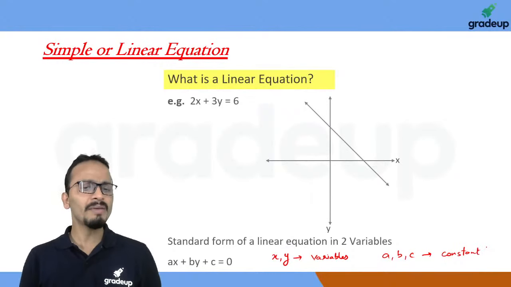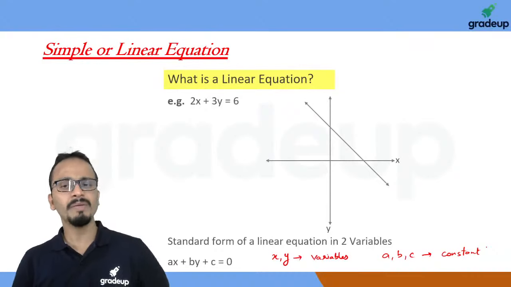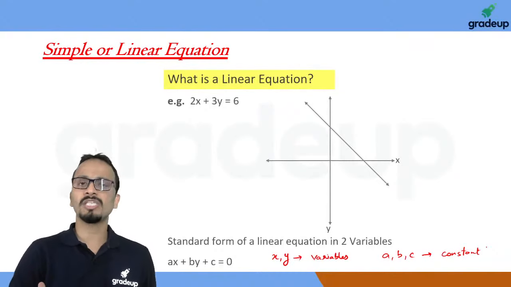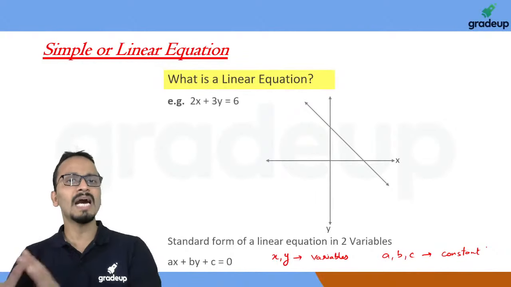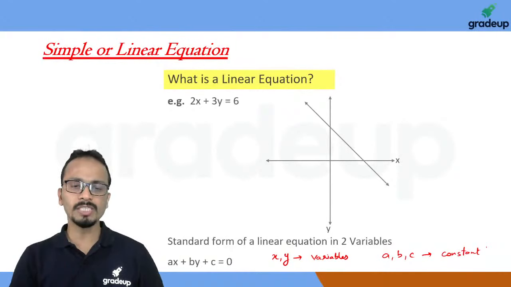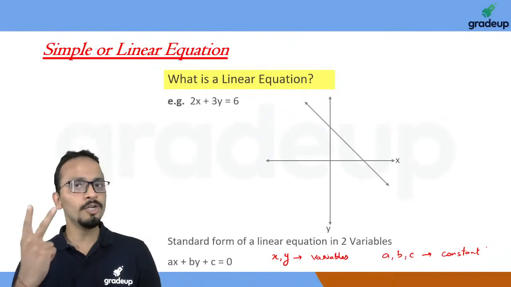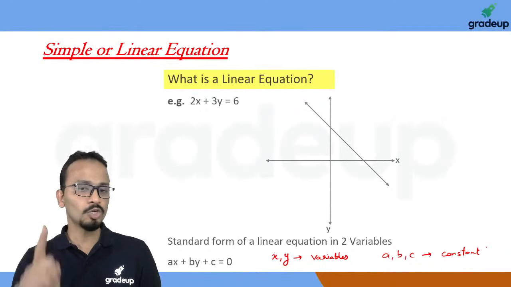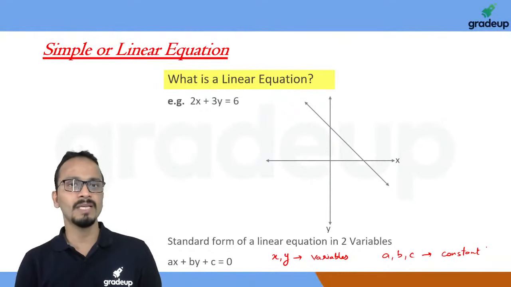The values of a, b, and c may vary. They may be integral, they may be non-integral values, they may take positive values, they may be negative as well. So a, b, and c are constants and x and y are the variables. This is the standard form of a linear equation in two variables. Now note down the standard form. This will be used very frequently in this topic.